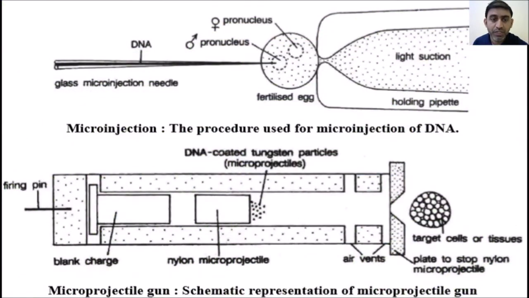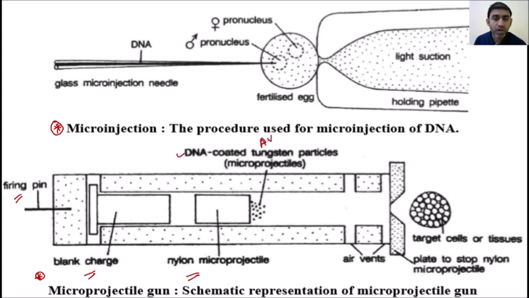Here it is also given. This is microinjection, and this one is the microprojectile gun, the gene gun. This one here is the firing pin. This one is the blank charge nylon projectile, and here the DNA is coated with either tungsten or gold particles.